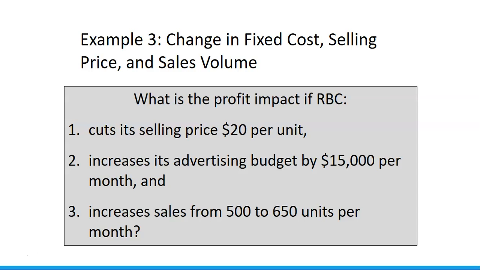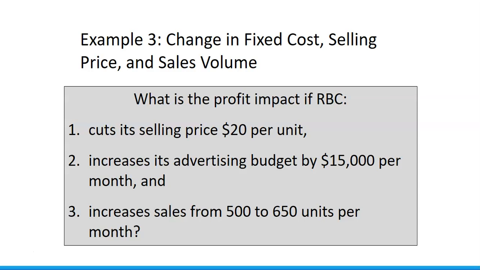If you remember from the first example, when we increased our monthly advertising budget, we didn't sell enough extra to cover that additional fixed cost. Now, if we do a fixed cost increase and a selling price decrease, which is also going to decrease our contribution margin, we actually increase sales by 150 units per month.